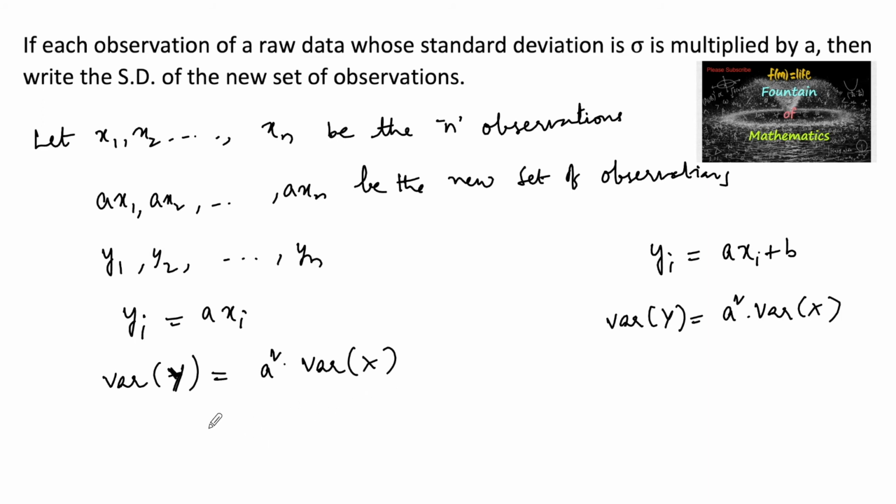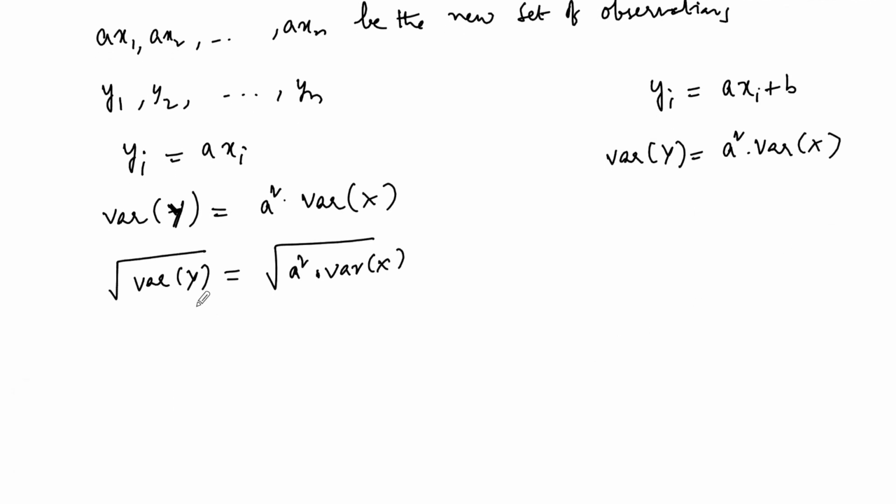And we know that, let us consider the square root of it. Square root of variance of y is equal to square root of a square into variance of x, that is, square root of variance of y is nothing but standard deviation. So standard deviation of variable y is equal to square root of a square, so we can write mod a into square root of variance of x.